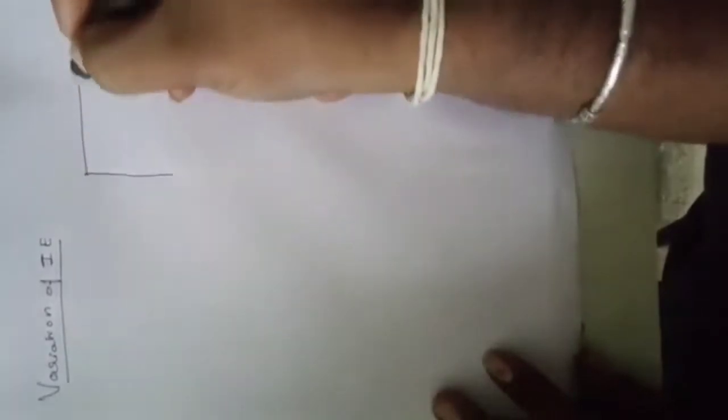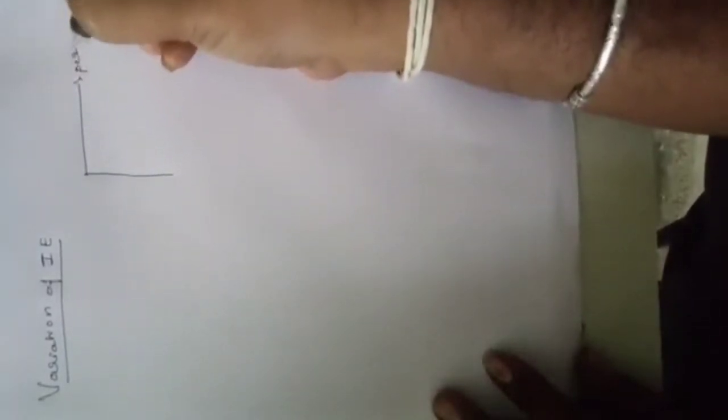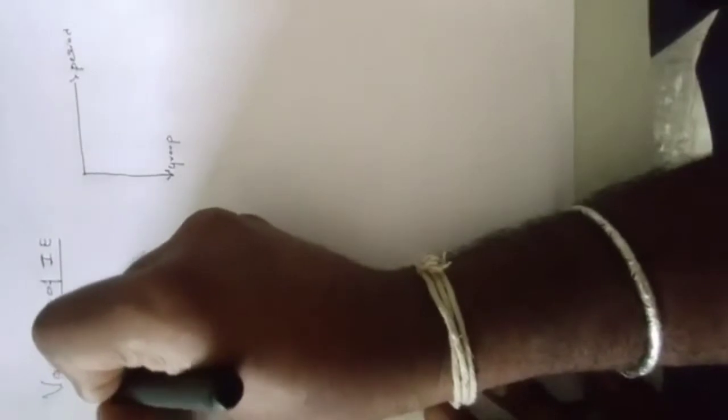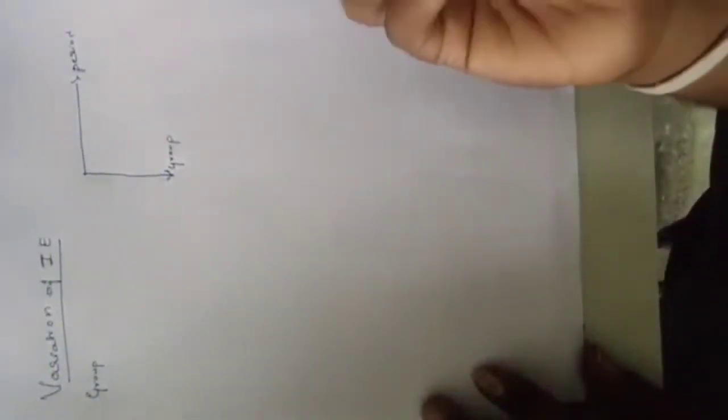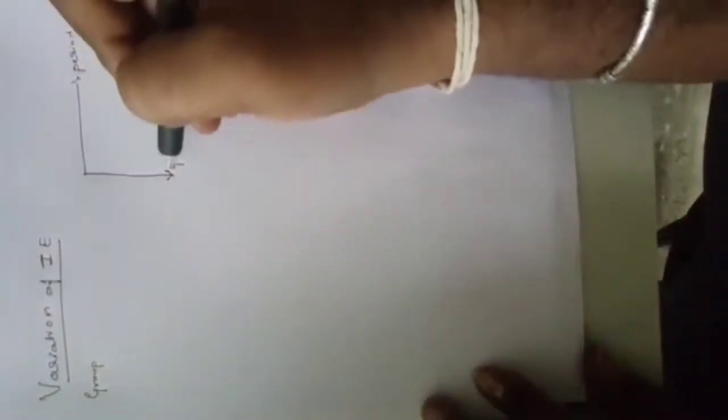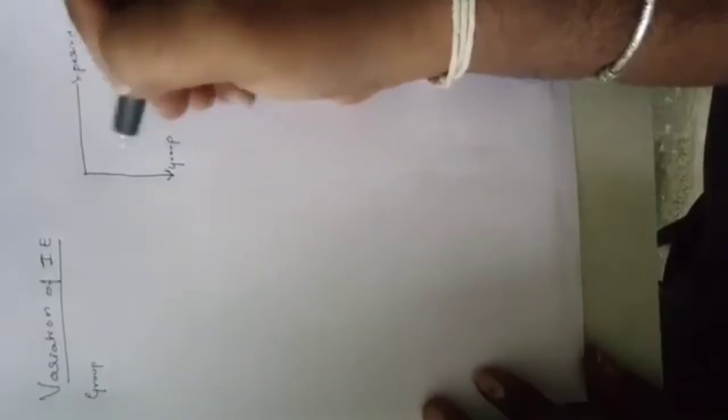If we take a periodic table, this is a period, this is a group. Okay, first we are going to talk about groups. What happens in the periodic table? In groups, from top to bottom, the ionization energy decreases.